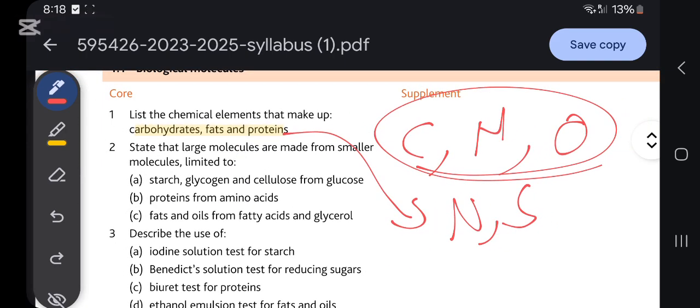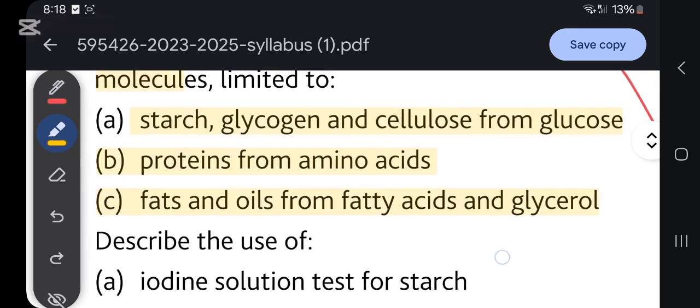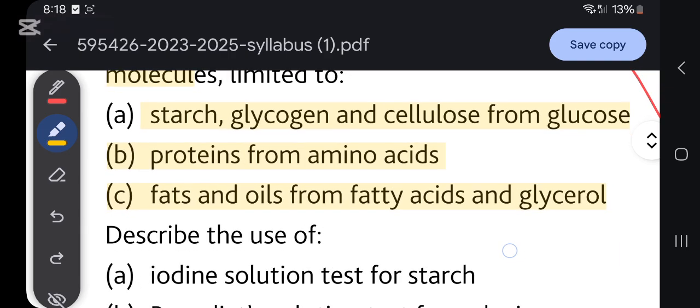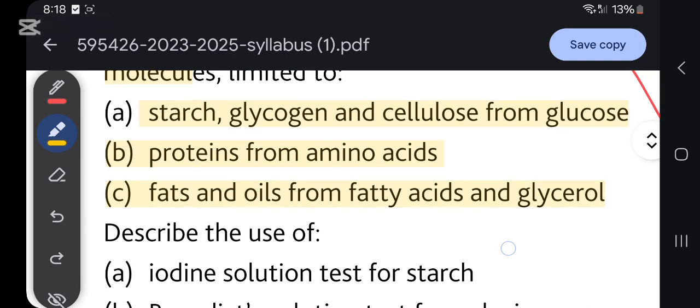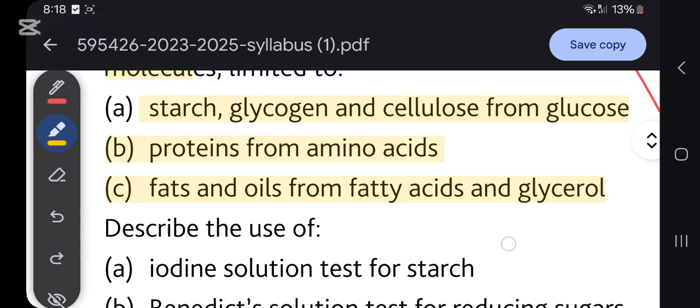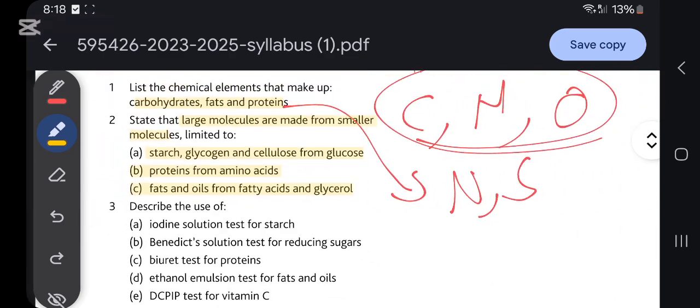Next, you should know that large molecules are of course made from smaller molecules. Starch, glycogen, and cellulose are made from glucose, proteins are made from amino acids, and fats are made from fatty acids and glycerol. Remember, starch, glycogen, and cellulose are carbohydrates, and they are made up of glucose, which are smaller molecules; proteins from amino acids, and fat and oil from fatty acids and glycerol.